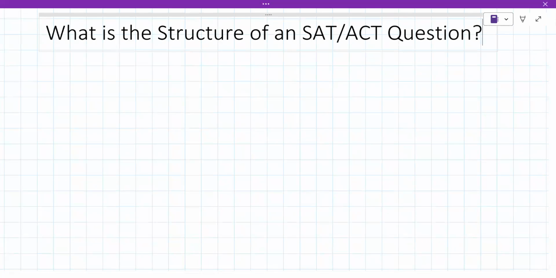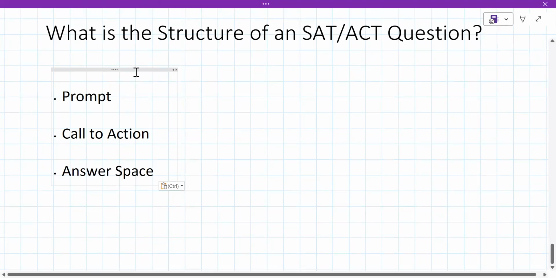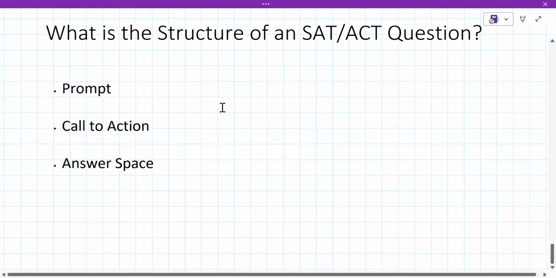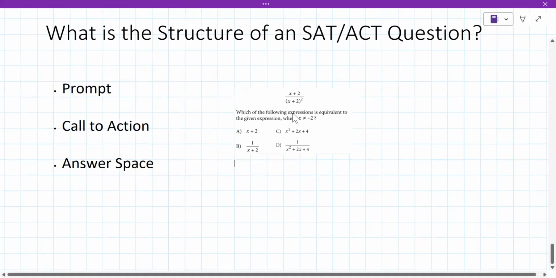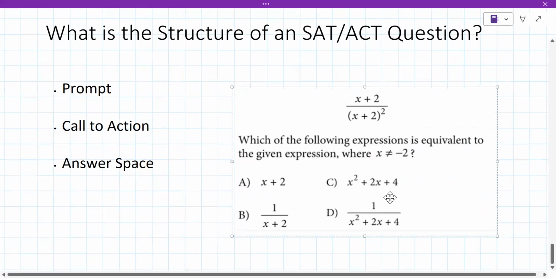I don't remember if you've taken the SAT ACT. I'm sure you're going to take it next year. So there's kind of 3 things. I call it a prompt, a call to action, and then the answer space. Here's an example of a question.